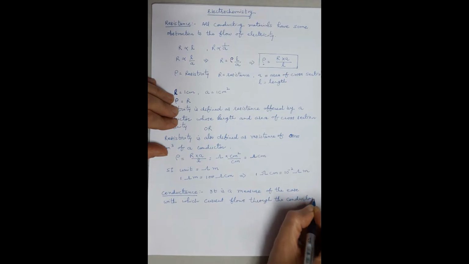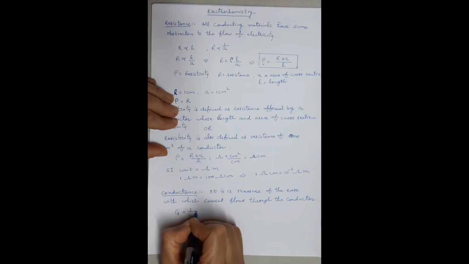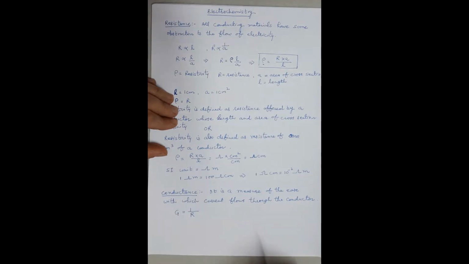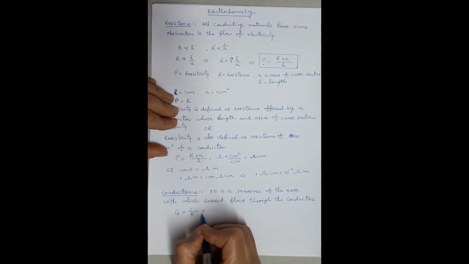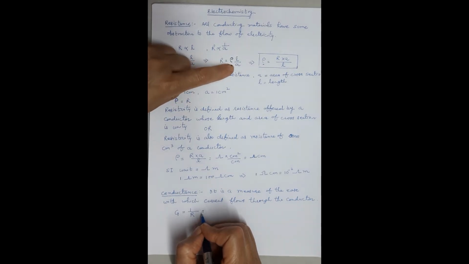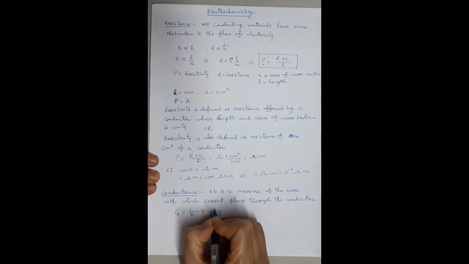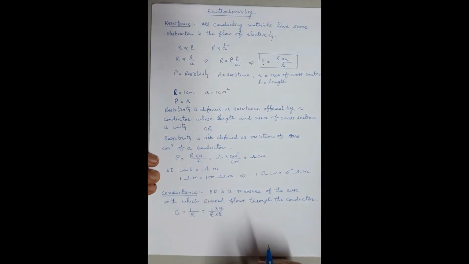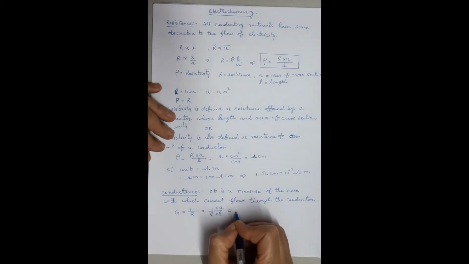You know how easily current is flowing through the conductor, and it is the inverse of resistance. So I can write down 1 upon R and put the value of R from here. What is R here equal to? R here is rho L by A. So 1 upon rho into L, and this is A. 1 upon rho is actually equal to kappa.